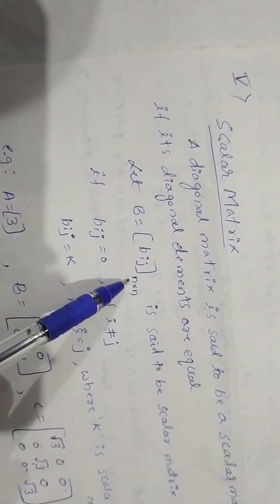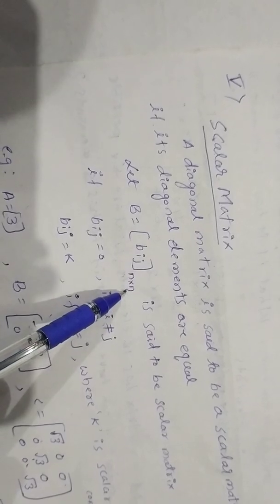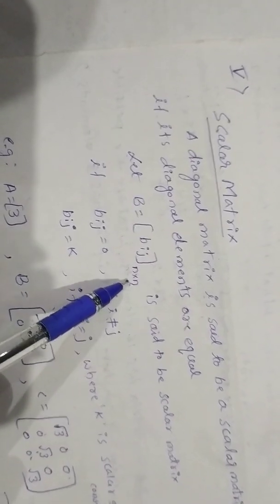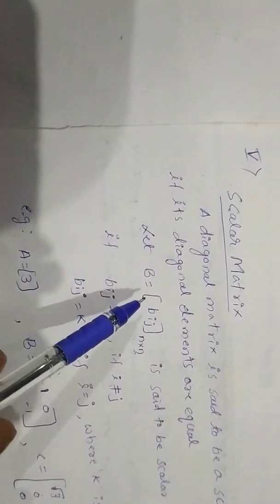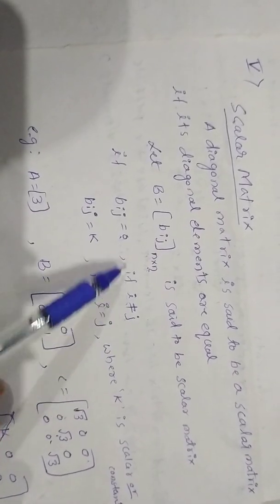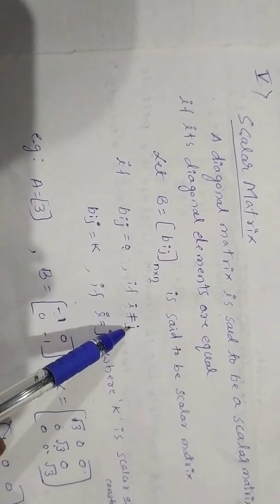Here the number of rows is equal to the number of columns. Hence we write n cross n as well as m cross m. Both are the same. So here the element Bij equals 0 when i is not equal to j. This particular element is 0 when i is not equal to j.